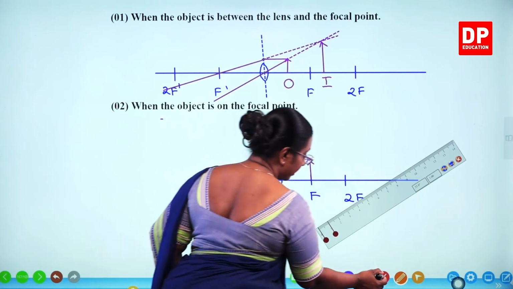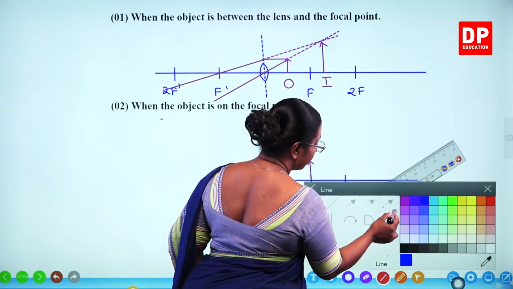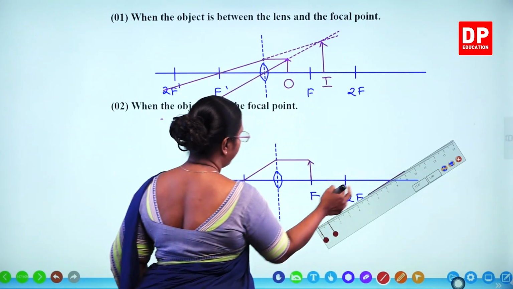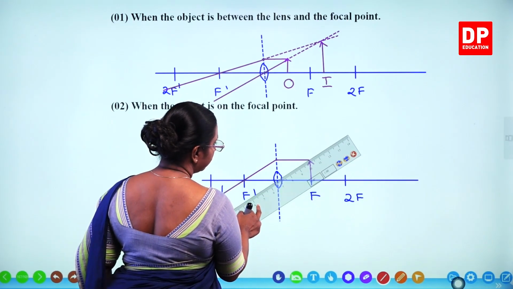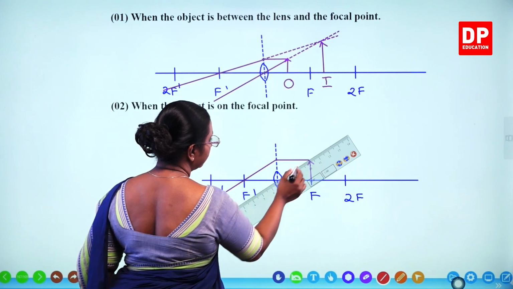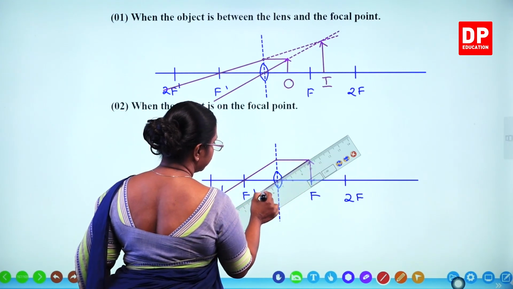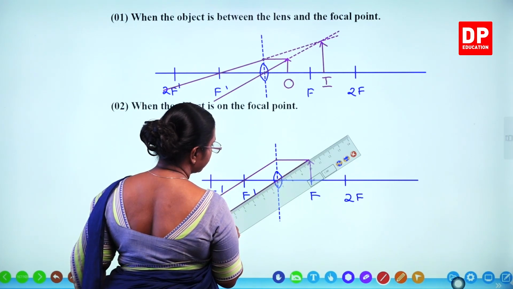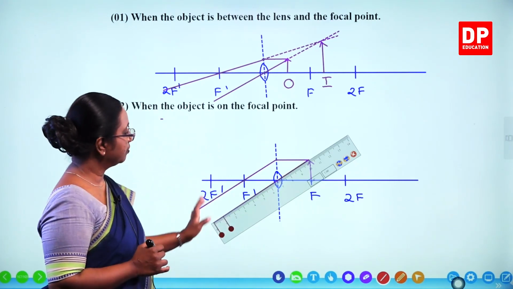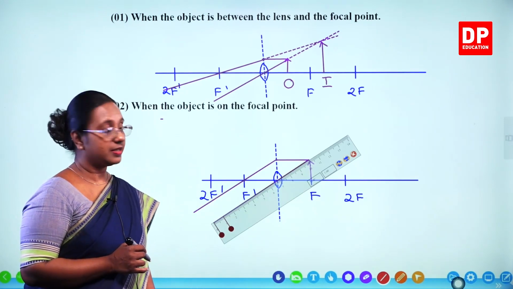Then we take a ray that is coming through the optical center, a ray that is going through the optical center. So if I draw that, it does not bend. It goes through the optical center.